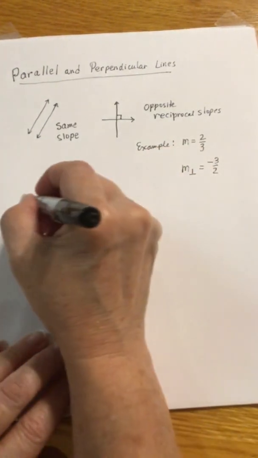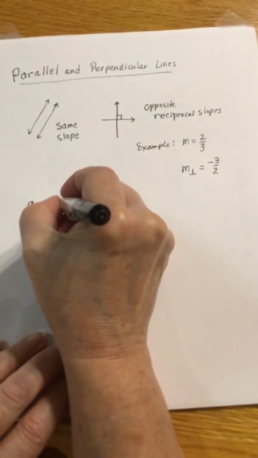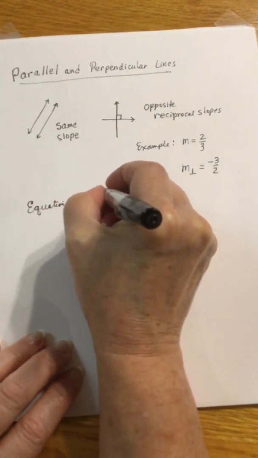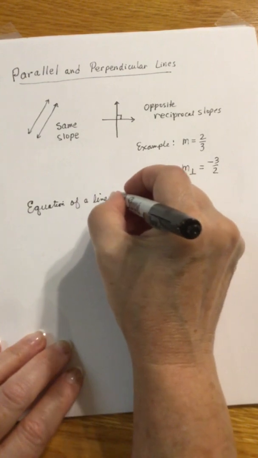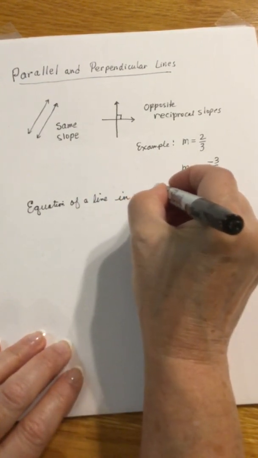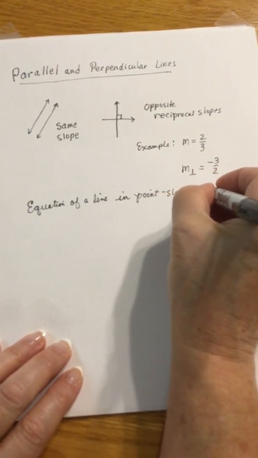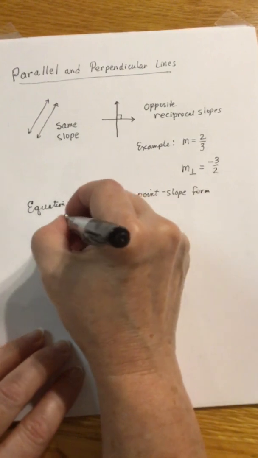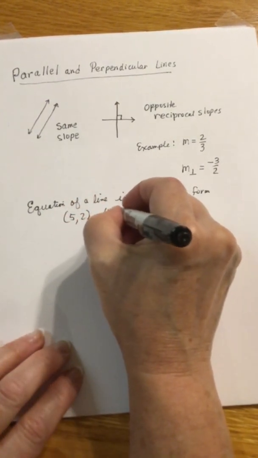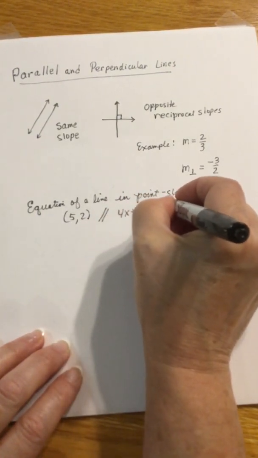So we're going to find an equation of a line in point slope form through the point (5, 2), parallel to 4x plus 6y equals negative 5.